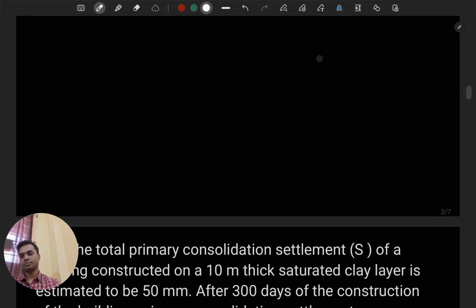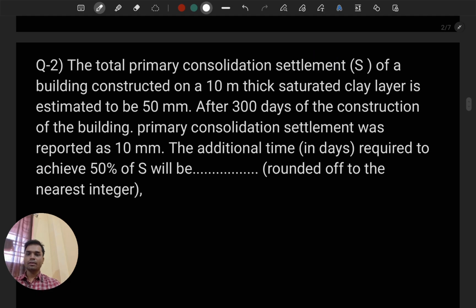Next question we have: the total primary consolidation settlement of a building constructed on a 10 meter thick saturated clay layer is estimated to be 50 mm. Okay, they are saying that there is a clay layer of 10 meter thickness.